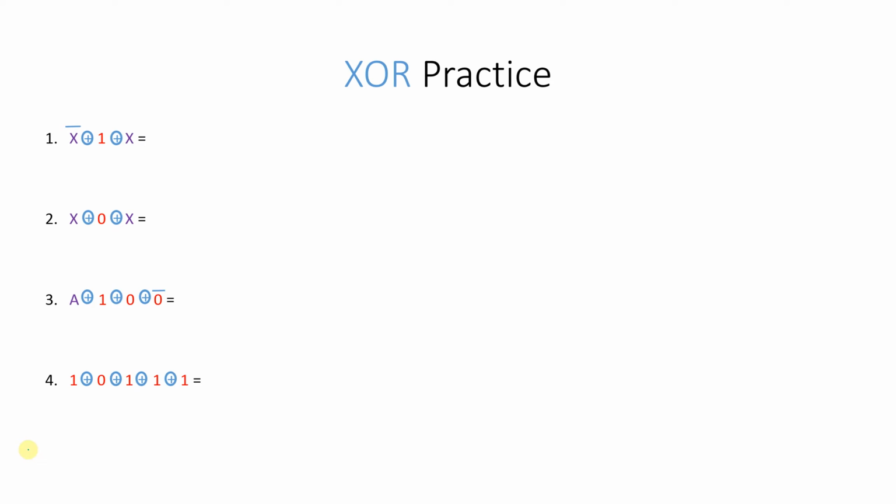Okay, down here some more practice. Remember, the commutative rules do apply. So x XORed the inverse of x, that would be true if I put in 1, and this would be 0, making that part of the equation true.